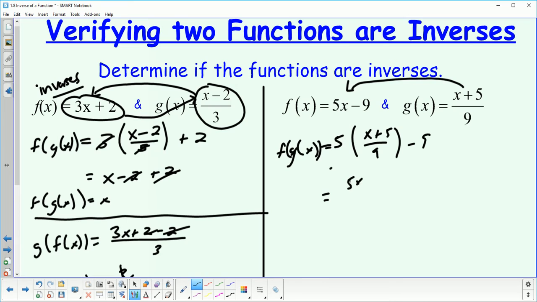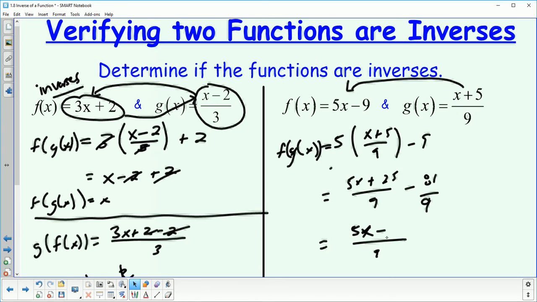We're going to have 5x plus 25 over 9, minus 9. And even if we try to get common denominators here, so I could say that would be 81 over 9, which I did, so I'd have common denominators now, well, 5x plus 25 minus 81 is going to give us 5x, and then minus some number here, and over 9. So this is not going to work. It does not equal x. So therefore, these are not inverses.